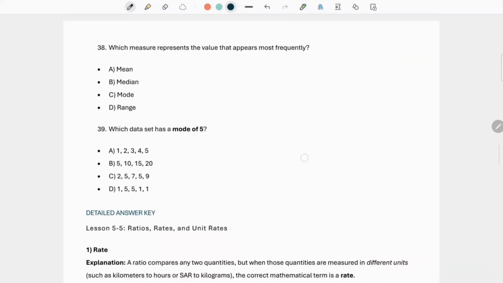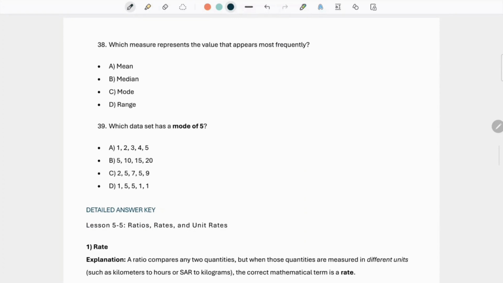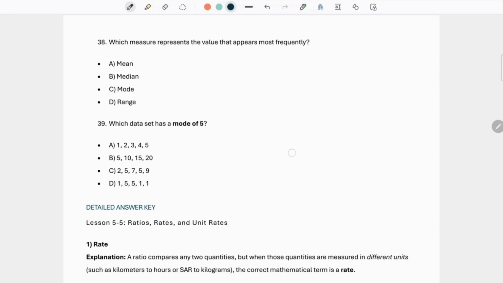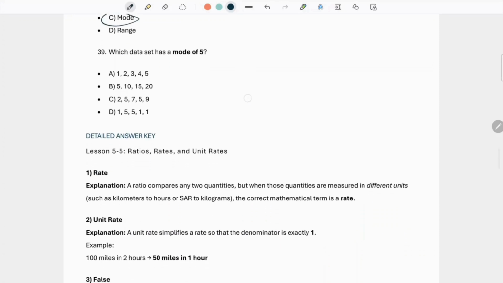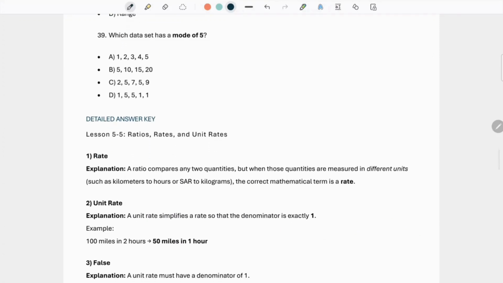So now, to question 38, which measure represents the value that appears most frequent? And that is the mode. Last question. Which data set has a mode of 5? Now I'm going to be looking at any data set which has 5 reoccurring. So it's got 1 5 here only. It's got 1 5 here. 2 5s here.